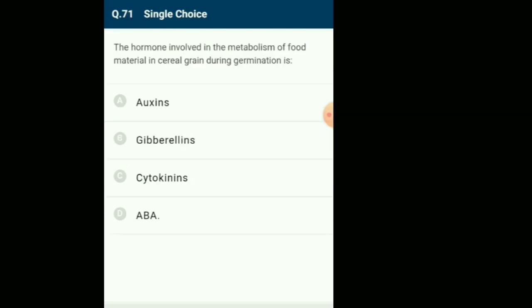Question number 71. Hormone involved in the metabolism of food material in cereal grain during germination is. Gibberellin is a class of plant growth regulator. This hormone was discovered from the fungus Gibberella fujikuroi, whose perfect stage was assigned to Fusarium moniliforme. This fungus causes Bakanae disease or foolish seedling disease of rice.